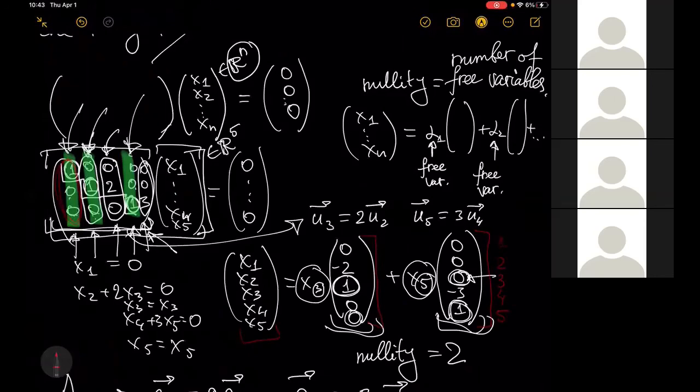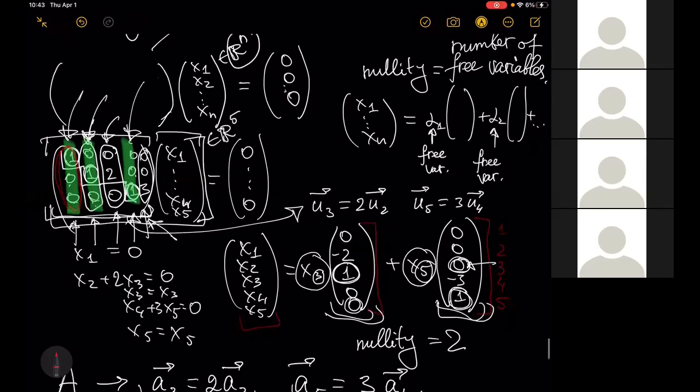So the range is a subspace of 3-dimensional column vectors, while the null space is a subspace of 5-dimensional column vectors.